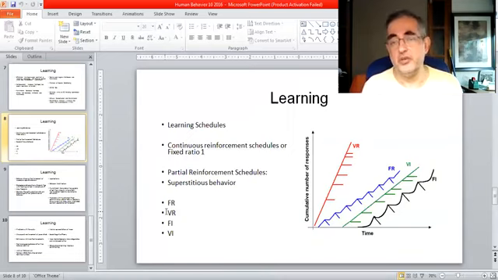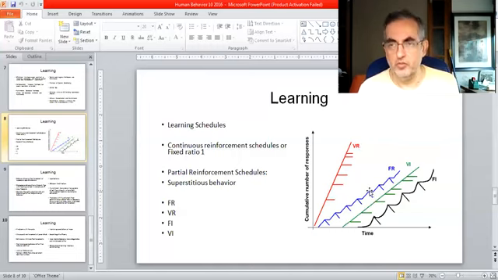Variable ratio जो थी, यहाँ पे लिखा हुआ उसकी response rates इतने हाई नहीं होते. Fixed ratio के बराबर होते हैं या जरा से कम होते हैं. The point about variable ratio is it is much more resistant to extinction than fixed ratio.